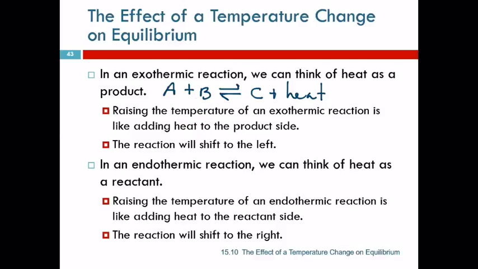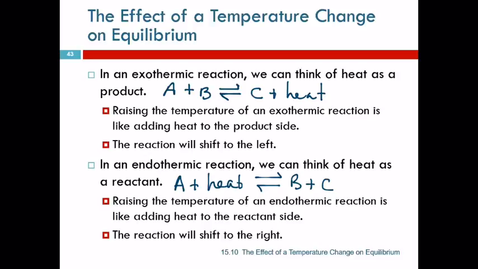If we have an endothermic reaction, then heat is like a reactant. So maybe A plus heat is in equilibrium with B plus C. If I add heat, if I increase the temperature, it's going to shift this way to counteract that, to fight against it.